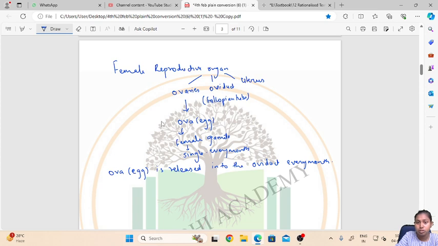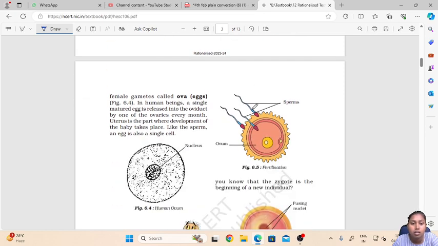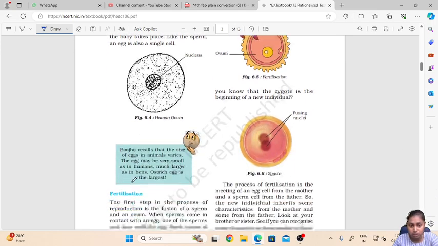And the uterus is the place where development of the baby occurs. Okay. Similarly, sperms and ovum both are single celled.